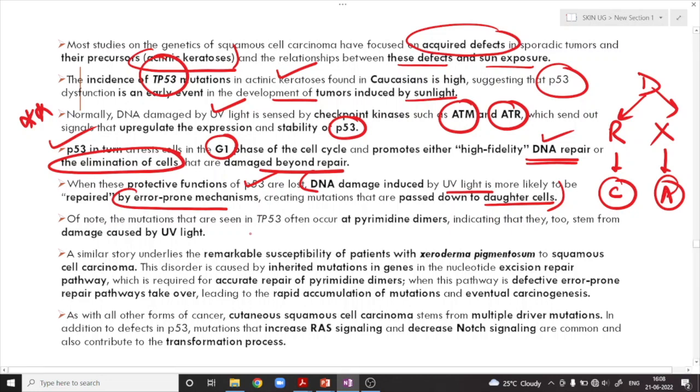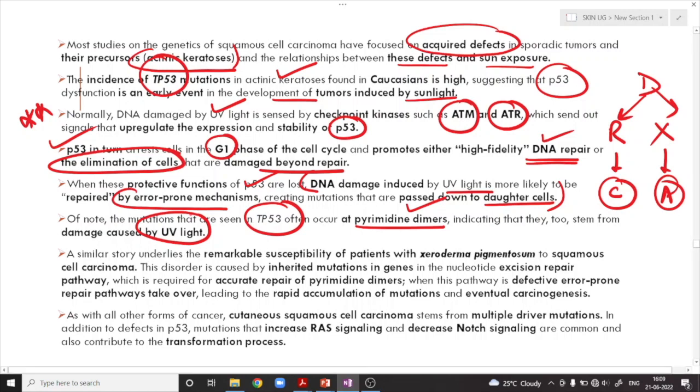Okay, so the mutations that are seen in TP53 often occur at the pyrimidine dimers. Very important. So the mutations that are seen in TP53 often occur at the pyrimidine dimers, indicating that they too are occurring because of damage caused by the UV light. Very importantly, UV light usually causes mutations at the pyrimidine dimers, and the mutations occurring in TP53 are also occurring at the pyrimidine dimers.